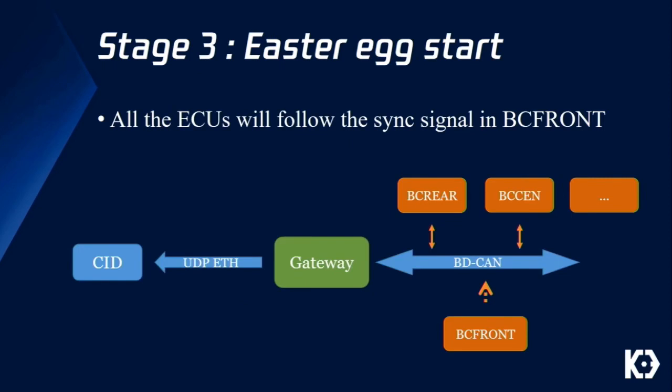Stage 3 is the Easter egg start, because all the ECUs should be synchronized by 1 signal on the body cam, and we found that the BC front will send the signal to tell other ECUs what action should be done at this moment.